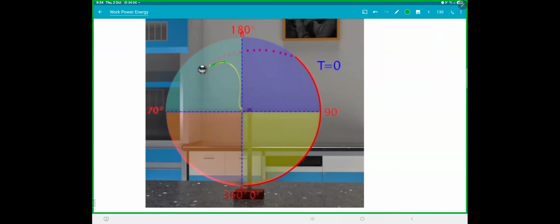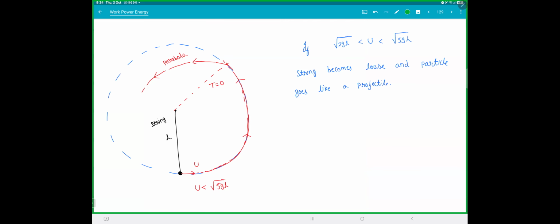This was that string. The string has become loose. Clear with this. So that's the whole theory of this thing.